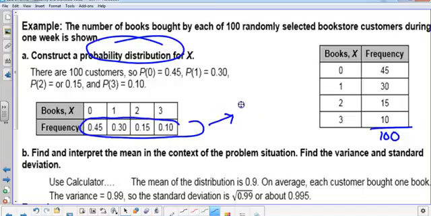This was the actual frequency divided by the 100 people. So then this is the probability. Okay? Probability distribution. And we could actually put in either this in list 1 and this in list 2, or this in list 1 and this in list 2. It doesn't matter.